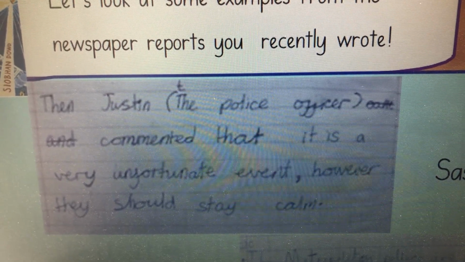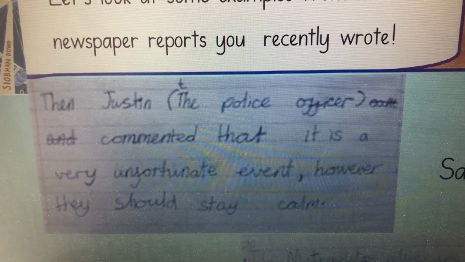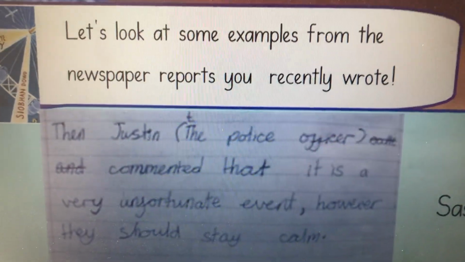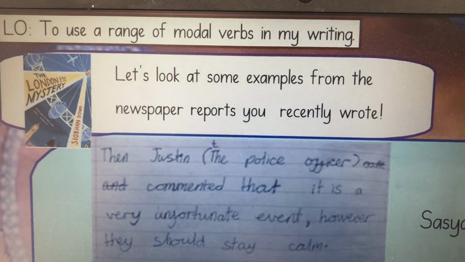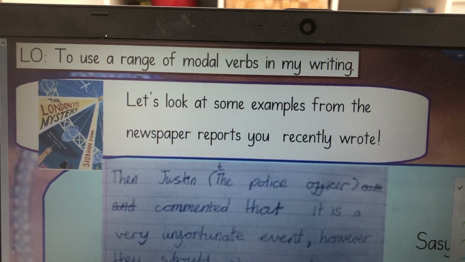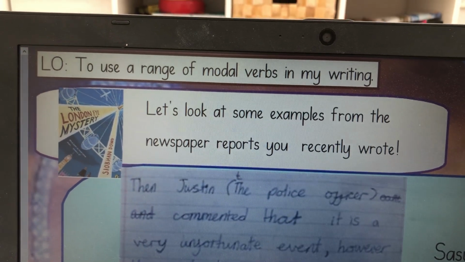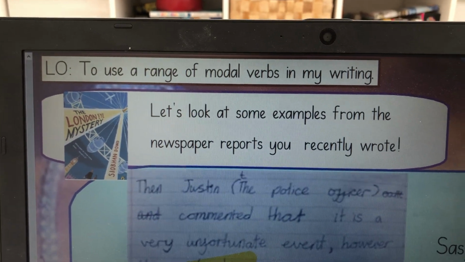Then Justin, the police officer, commented that it is a very unfortunate event. However, they should stay calm. Where is Sassia's modal verb? Which word should I be highlighting? Let me get my highlighter. And well done if you said should. The modal verb, they should stay calm.